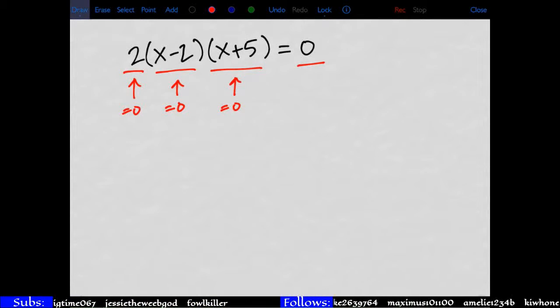Because if one of my terms, so let's say this 2 was 0, it's not, but if it was, then no matter what else I multiply by it, I'm going to get 0 out. Same with this x minus 2. If this x minus 2 is 0, then no matter what I'm multiplying by, I will get 0 out, because 0 times anything is 0. And if this x plus 5 is 0, then whatever I multiply it by, it's going to give me 0. That's called the zero product property.